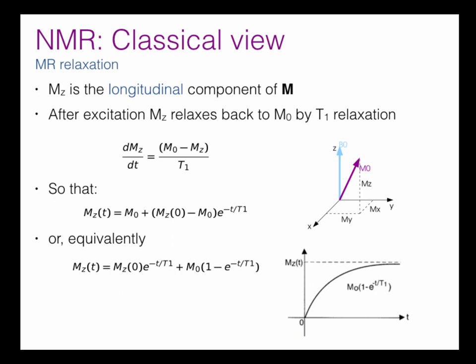And it recovers according to a pretty simple differential equation like this, which is called the Bloch equation. When you solve that equation, it amounts to the fact that if you start with all your magnetization in the transverse plane, it recovers over time, asymptotically reaching the original M0 amount of magnetization, which is fully relaxed.